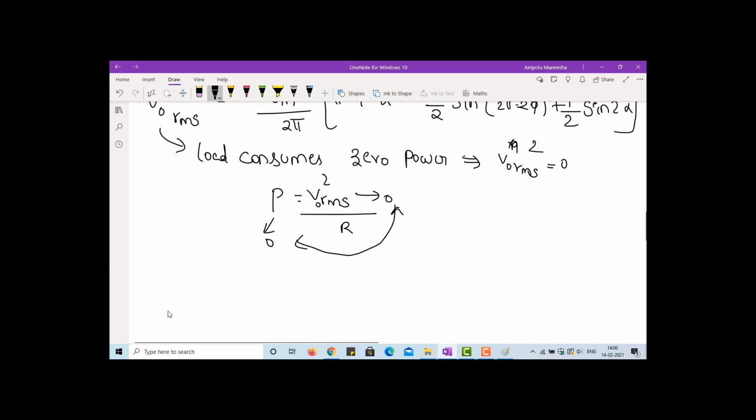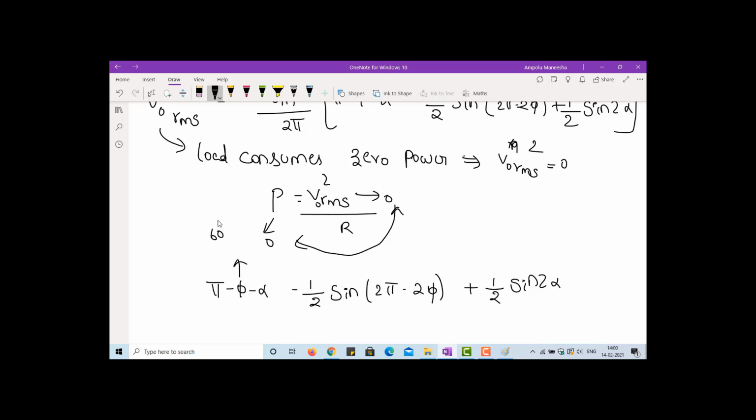That is, pi minus phi minus alpha minus 1 by 2 into sin 2 pi minus 2 phi plus 1 by 2 sin 2 alpha. In the question, it is given that phi is 60 degrees, which implies pi by 3.